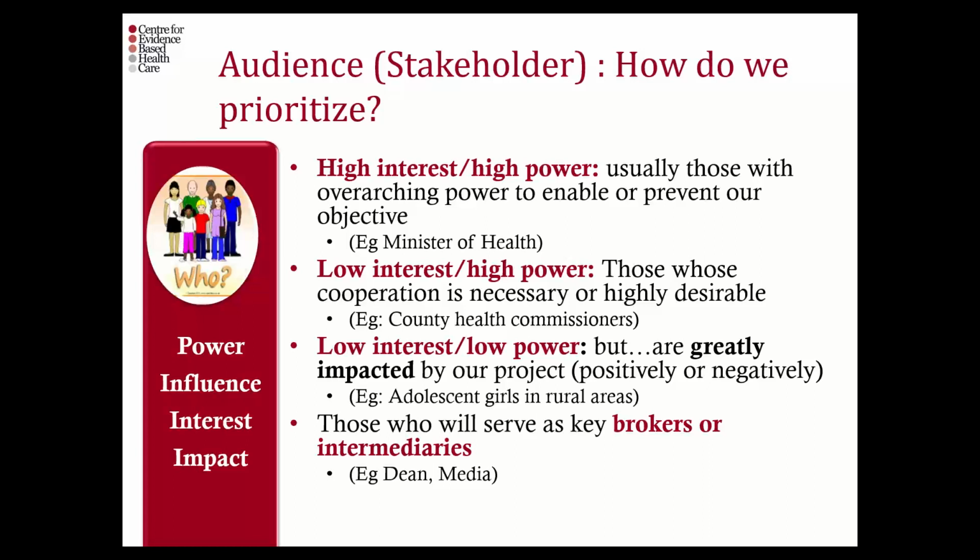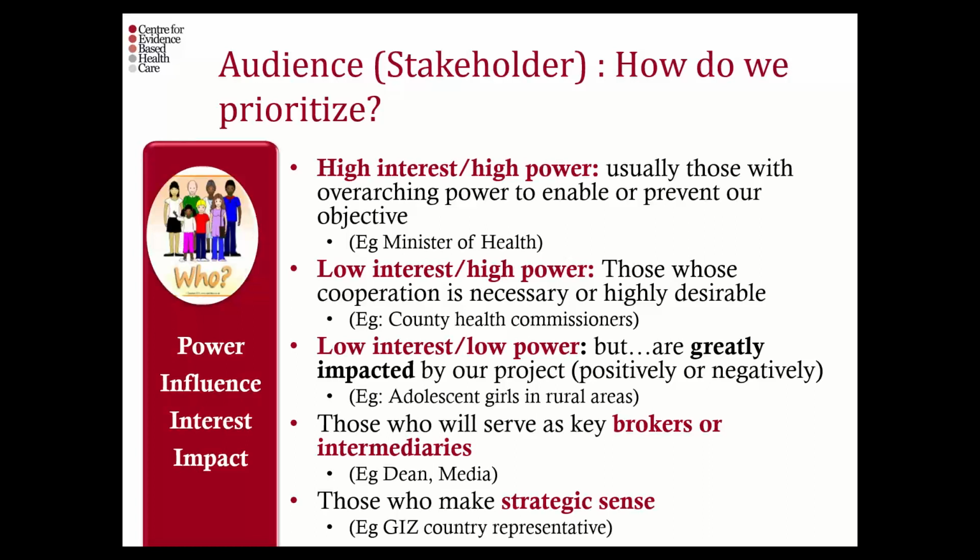Sometimes you have to be a lot more strategic and think about prioritizing who you want to engage with based on their ability to serve as important intermediaries or brokers in a system. You may not necessarily have relationships with the people you really want to impact, but there are others that have those relationships and you want to be able to leverage that.